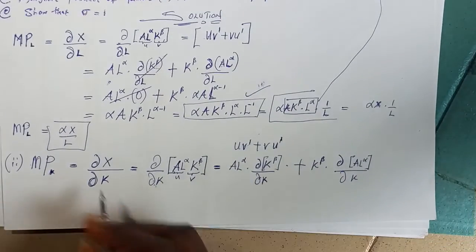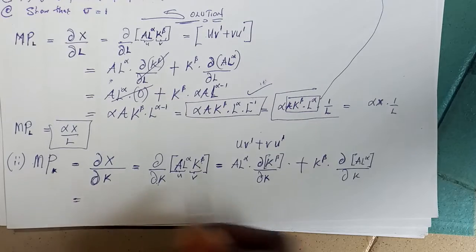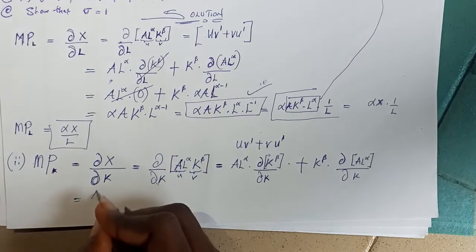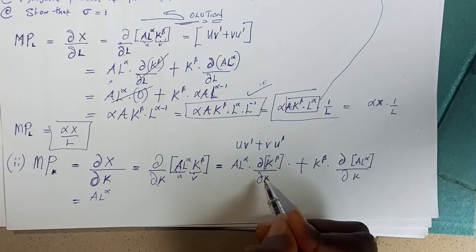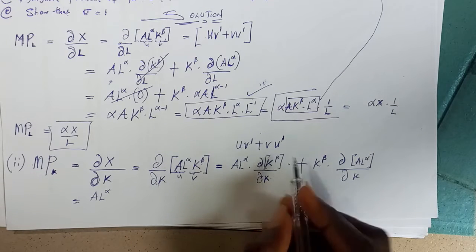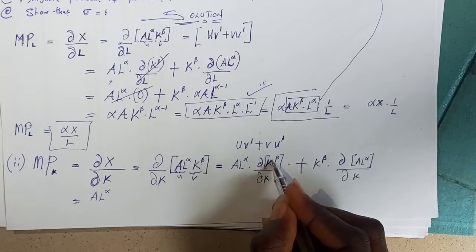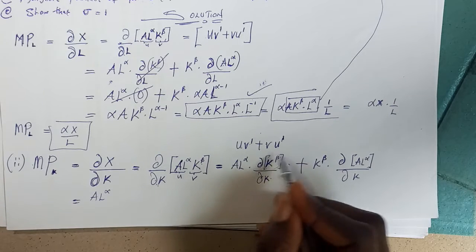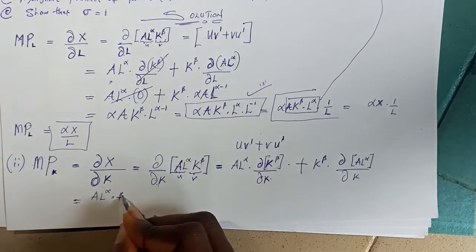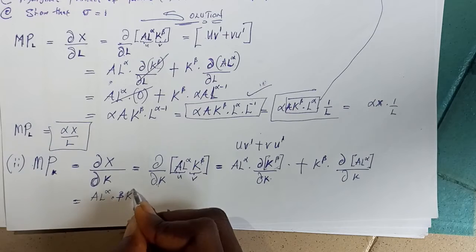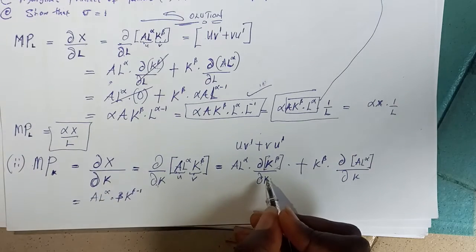So in continuation, we end up having A L raised to the power of alpha. Can I differentiate K raised to the power of beta partially with respect to K? Yes, we can. So I go ahead and differentiate K raised to the power of beta. So that's why I have K in this function. Then this becomes beta times 1, that is beta. Then I have K raised to the power of beta minus 1, so it subtracts 1 from it.